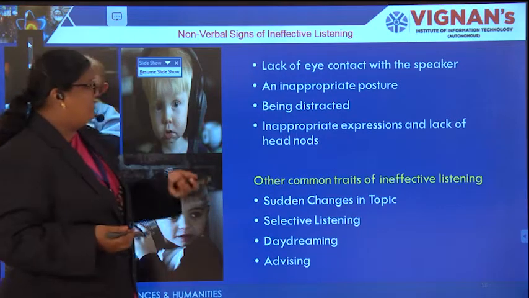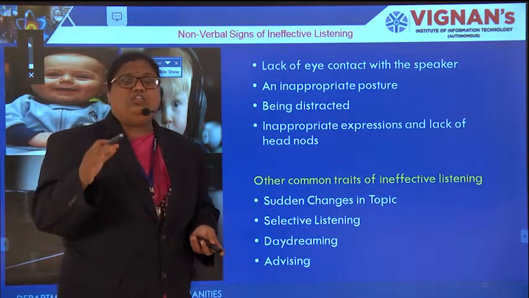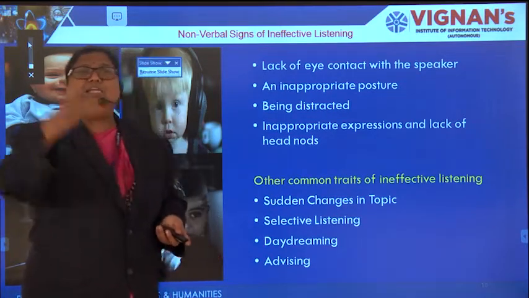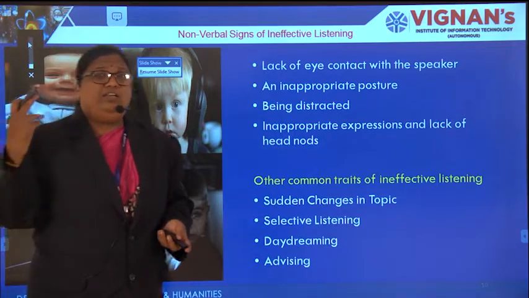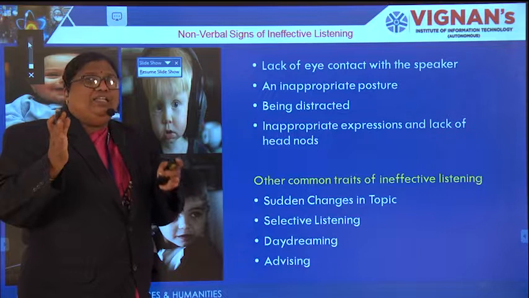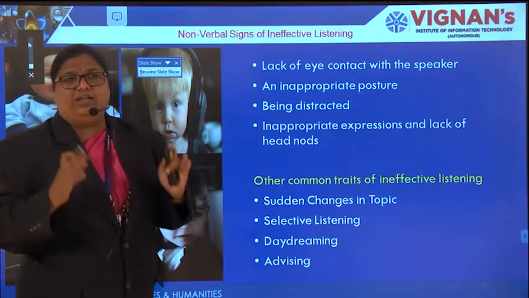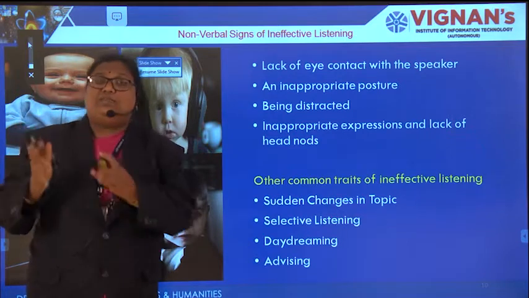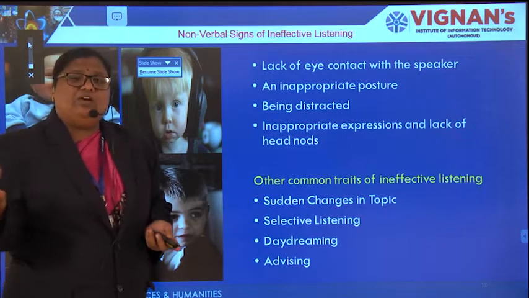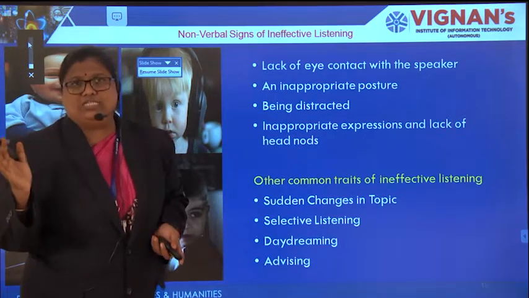Other common traits of ineffective listening: sudden changes in topic. When the speaker is speaking about something and immediately changes the topic, then you don't feel like listening. Or selective listening. You think, okay, I'll listen to only this concept, or I'll listen to the biography of so and so person, and if they cannot speak that, automatically you will switch yourself off.